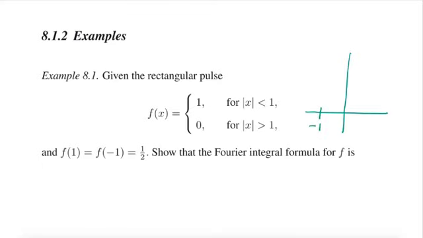Here is minus 1 and here is plus 1, and so inside the function is 1 and outside the function is 0, and then here we say that it should jump to a half right here and here. It's a function which has a jump, but the full integral under the curve would be just this bit here, which is of course bounded. Actually the integral is equal to 2.